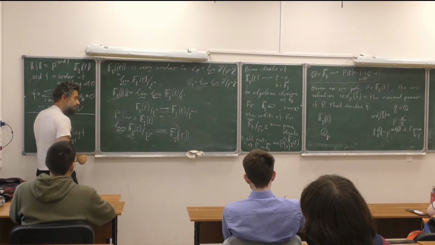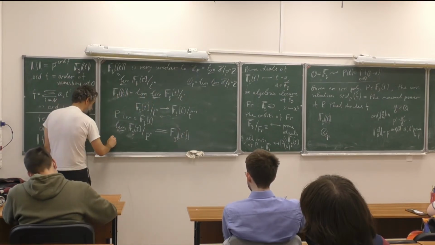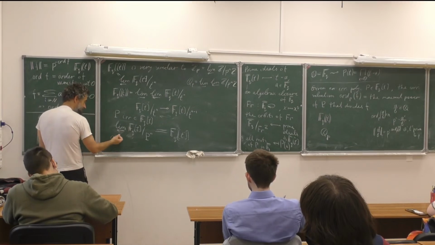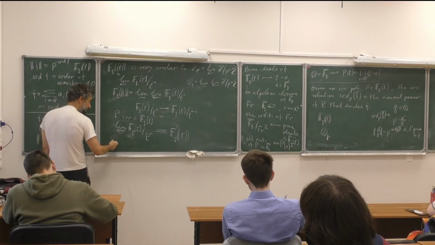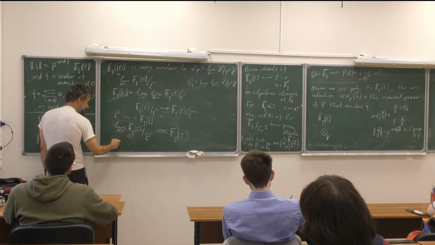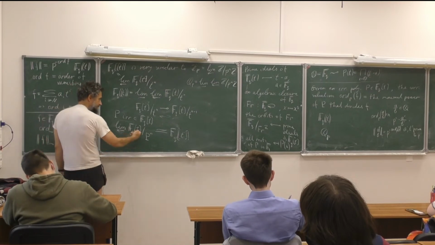Pardon me? What is q'? Yes, so q' is the cardinality of the first quotient. The first quotient will be a field.